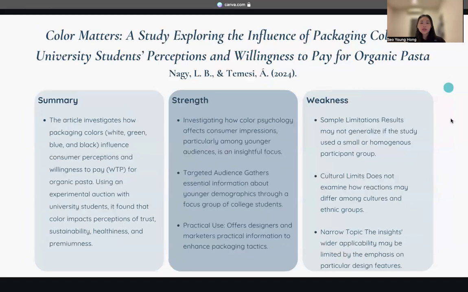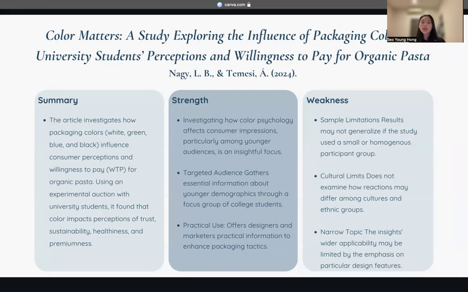The second one is Colors Matter, a study exploring the influence of packaging colors on university student perceptions and willingness to pay for organic pasta. It investigates how packaging color influences consumer perception and their willingness to pay for organic pasta among university students.